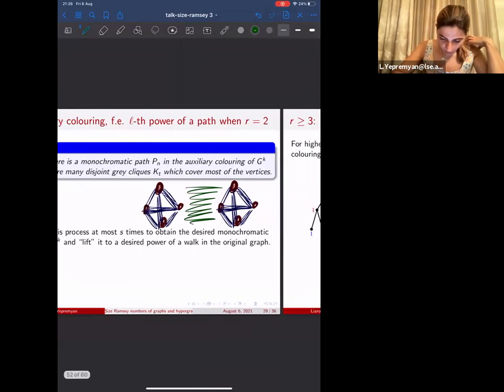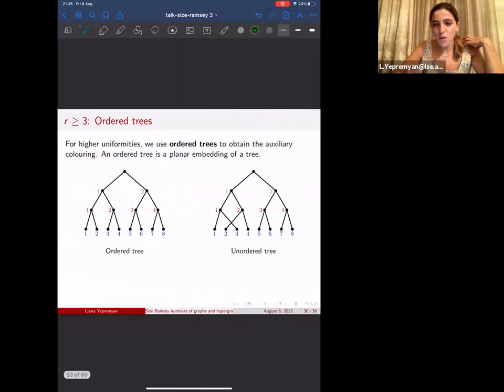Okay, right. And so this was the idea for many colors and r equals 2. For r at least 3, instead of just looking at these blobs, we associate ordered trees to every vertex of the graph H. An ordered tree is basically a tree together with a planar embedding of this tree.